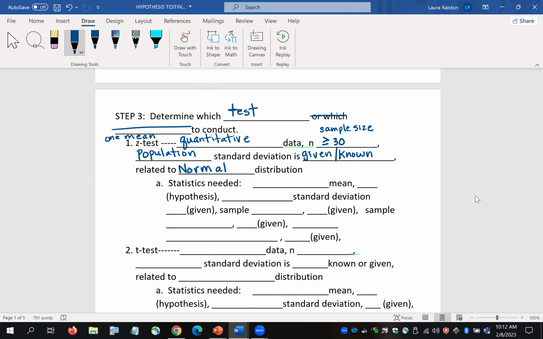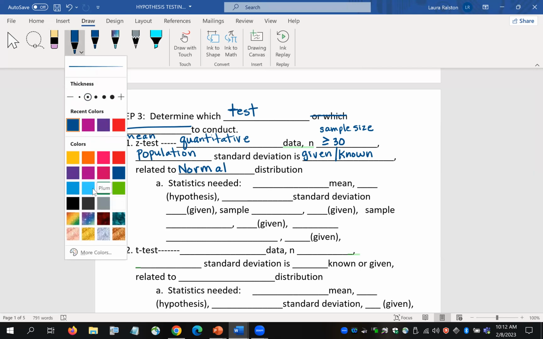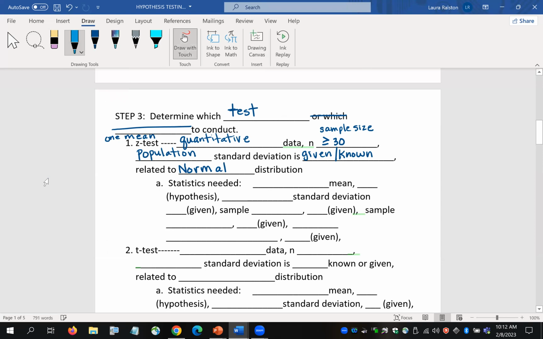In order to work the problem, the statistics that you need, the information you need are the population mean, which is represented by the Greek letter mu, and that value comes directly from your hypothesis.